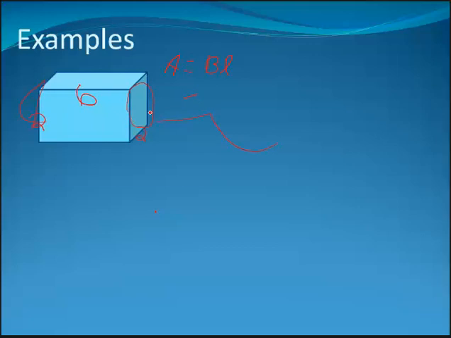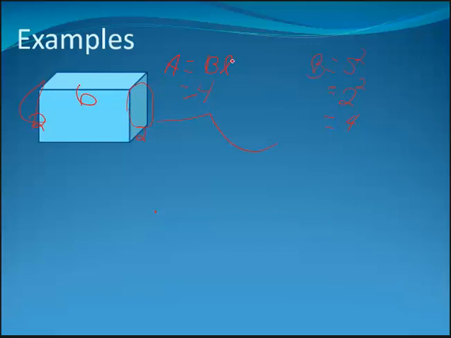What shape are they? They are squares. What's the area of the square? Our big B is the area of a square, which is the side squared. 2 squared. What does it mean to square something? Multiply it times itself. So 2 times 2 is 4. So my area of my base is 4.